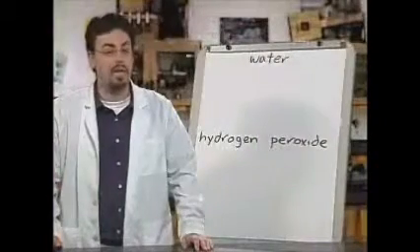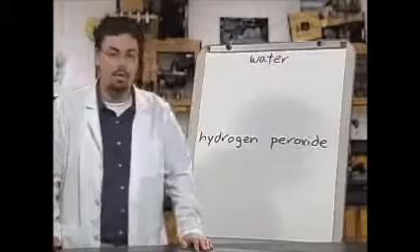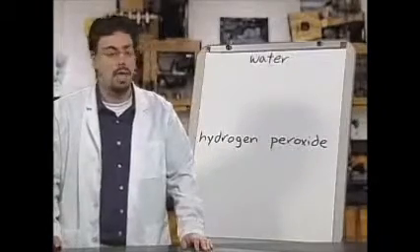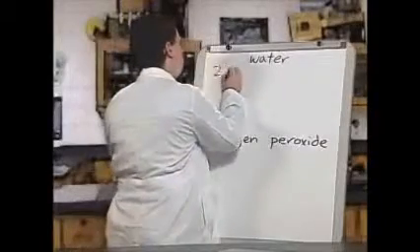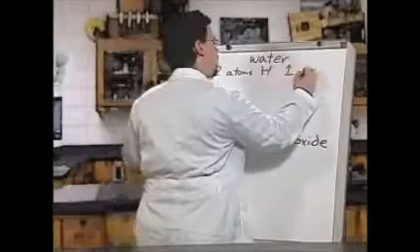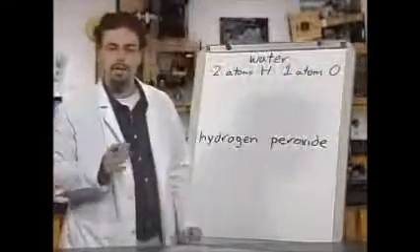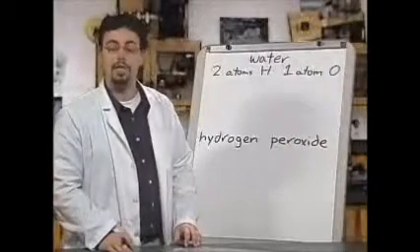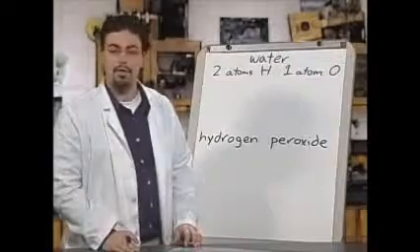Let's look at a couple of examples to see if we can sort this out. Water is a covalent compound, and we all know that a water molecule is composed of 2 atoms of hydrogen and 1 atom of oxygen. The definition of a molecular formula is that it represents the actual number of atoms of each element in the compound.